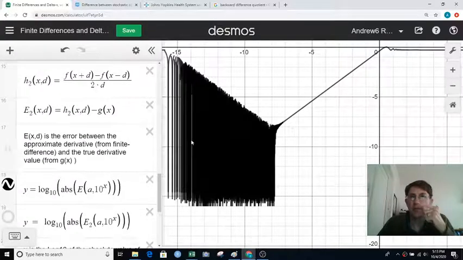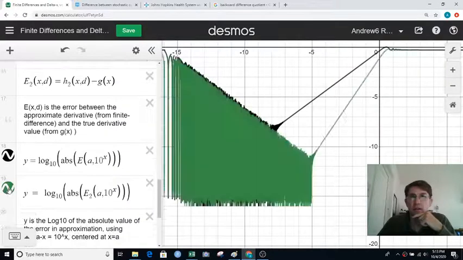But what happens if we graph the central difference quotient and its error? You can see its error decreases more quickly than forward difference does, and we get a lower overall error, so better precision, at a not so small delta x value, so that's even better.